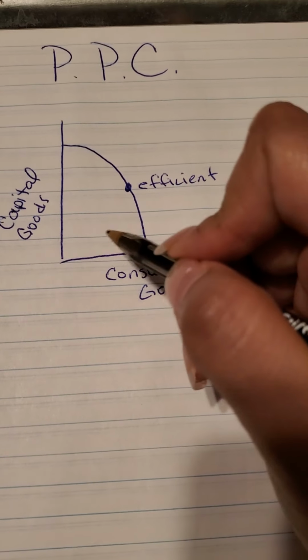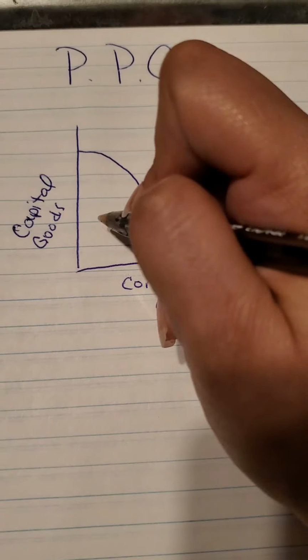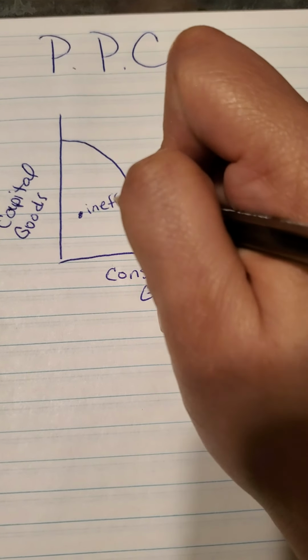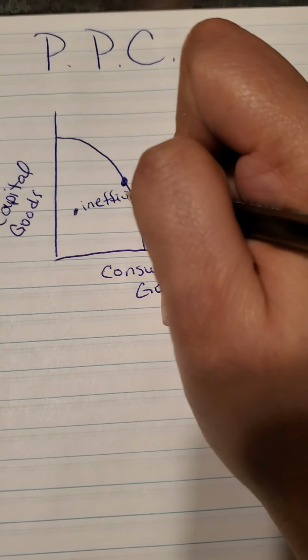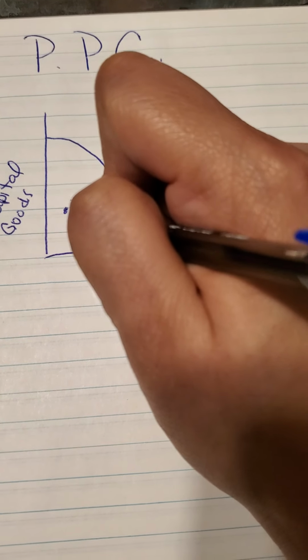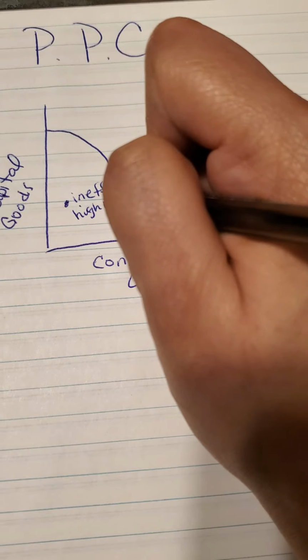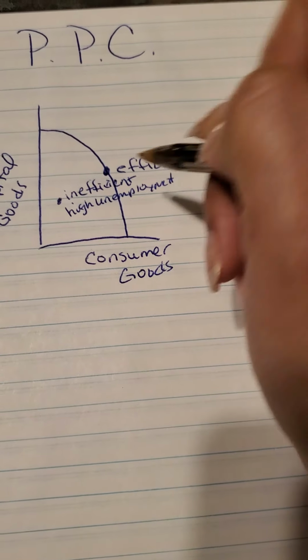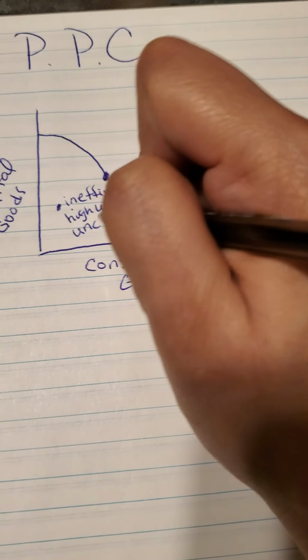Any point within the PPC curve in here is inefficient. It means that we have high unemployment and/or underutilization.